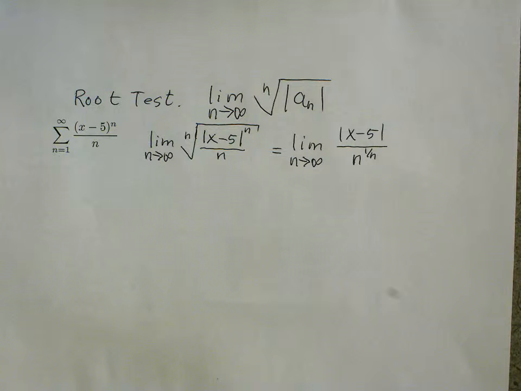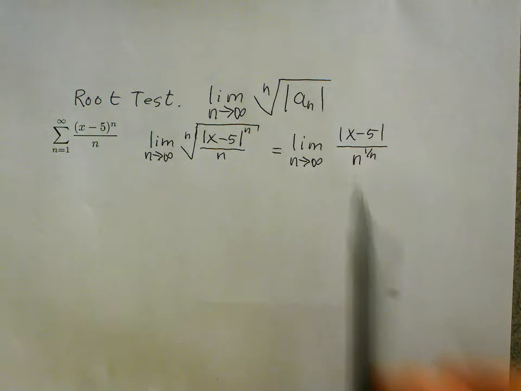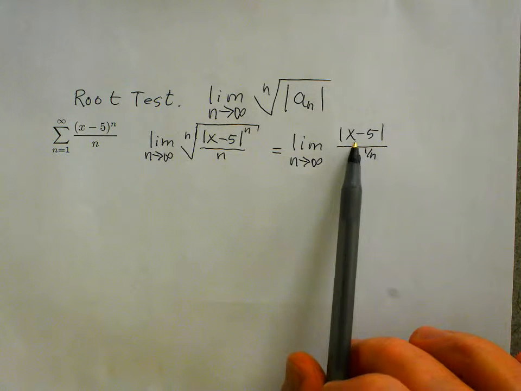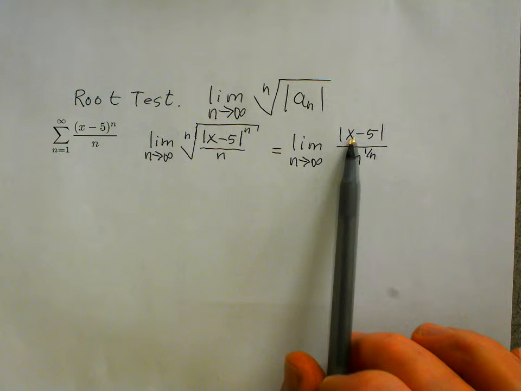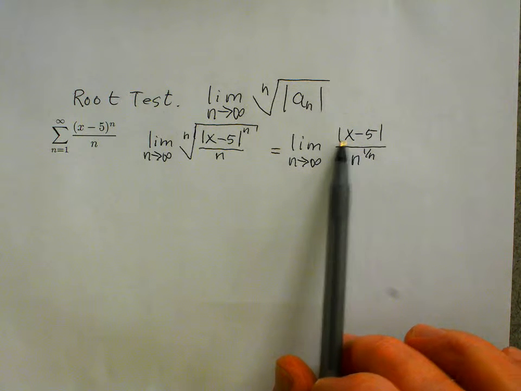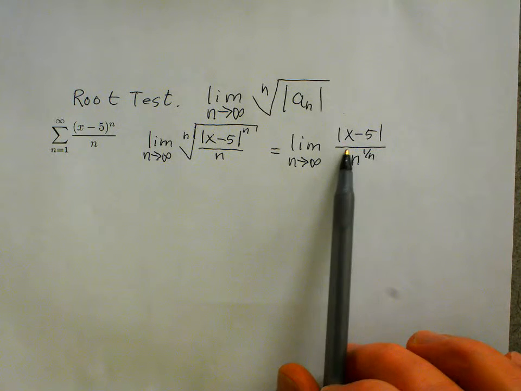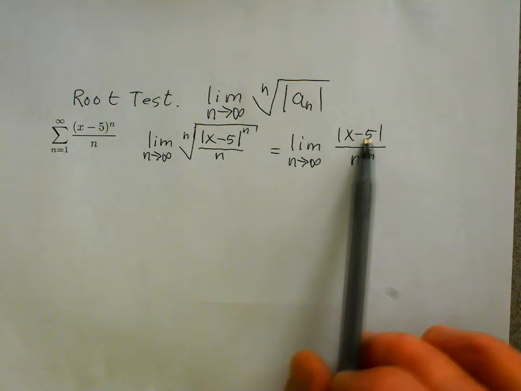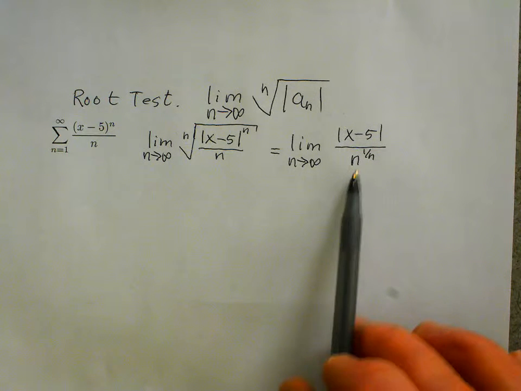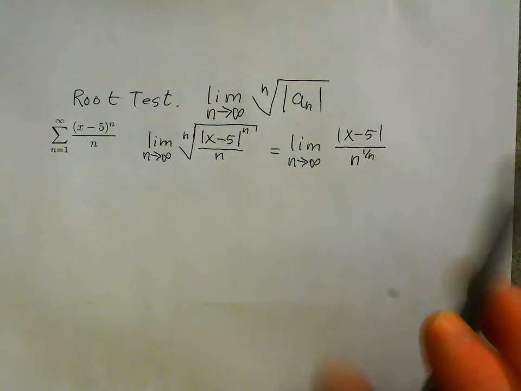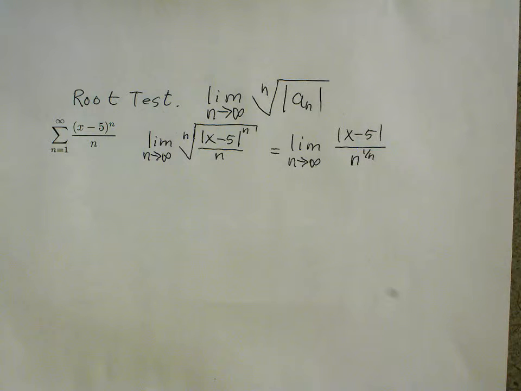So now we can compute the limit for each value of x. It's unaffected by what n does, but what does n to the 1 over n go to? 1. Goes to 1.